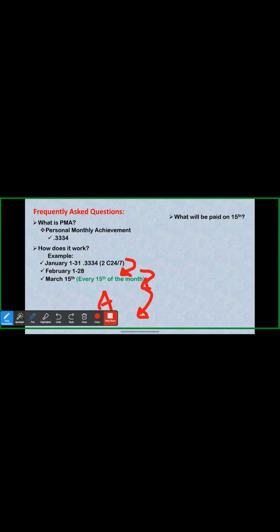So kwa sababu hii January ulifanya PMA for the month of February, during this month of February, you are entitled to all the ways of earning. Are we together? You are entitled to all the ways of earning. I hope sitachanganya mtu.